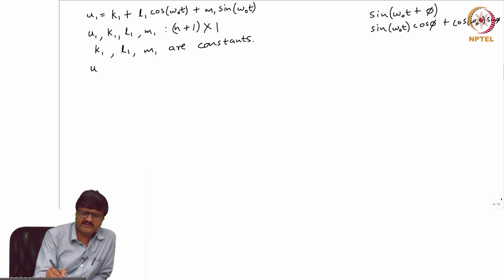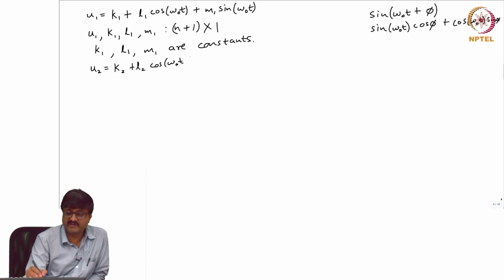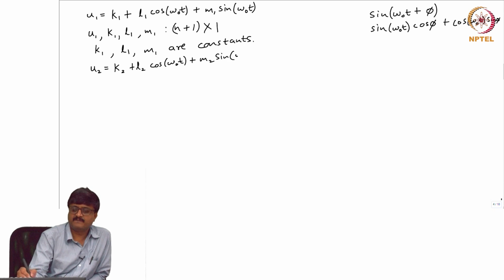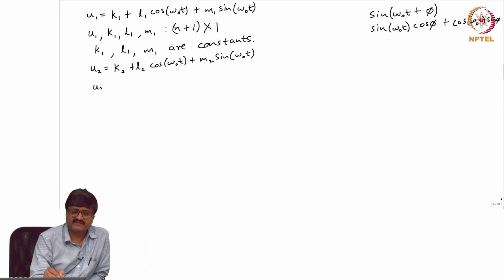Similarly, if you take u2, it can be written as K2 plus L2 cos omega ot plus M2 sin omega ot. Again here the sizes of u2, K2, L2 and M2 are n cross 1. They are column vectors, and K2, L2 and M2 are constants.